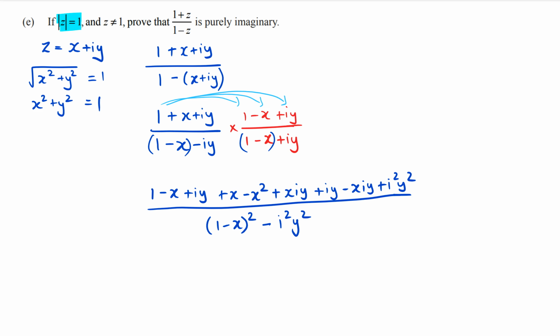So we've got this ugly numerator here that we need to somehow simplify. So I'm going to start hunting for terms now, or at least trying to get rid of terms. So let's see. We've got a minus x and a positive x, which we can get rid of. Sweet. We've got a xiy here and a minus xiy. That can go away.